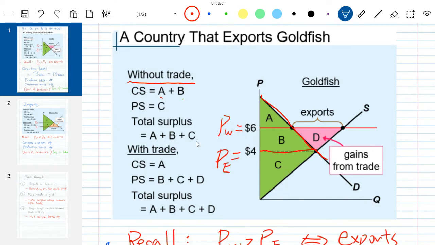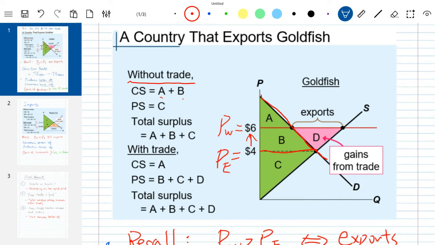So what would happen to these three quantities after this country exports goldfish? So first of all, the equilibrium price of goldfish would increase from $4 to $6 as this country does exports. So given this new price, which is $6, consumer surplus, again, is the area below the demand and above the price. Remember that now the price is actually $6.